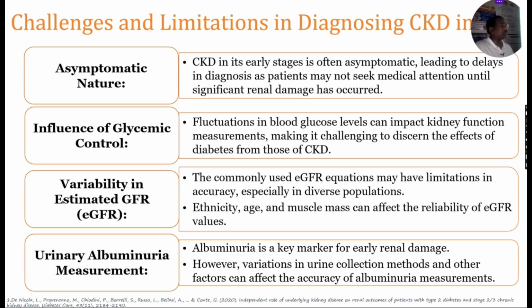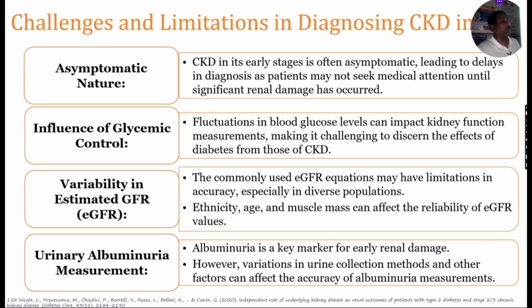When the patient enters stage 4 and 5, it is only a matter of a few months or years to reach end-stage renal disease, where the only two options are transplantation or dialysis. That is the reason we have to diagnose DKD in the early, asymptomatic phase only. So please check the creatinine levels at least once in 6 months or once in a year in all your diabetic individuals, even though they are asymptomatic.